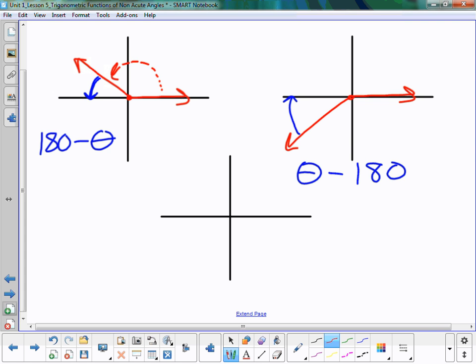And then last but not least, if I'm in the fourth quadrant, I'm talking about this angle as my reference angle. And to find it, I do 360 minus the original angle.